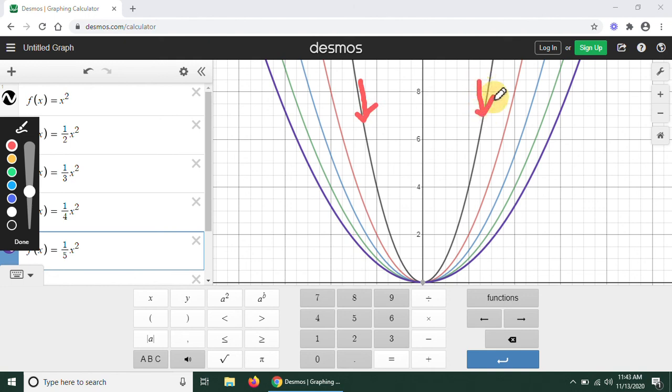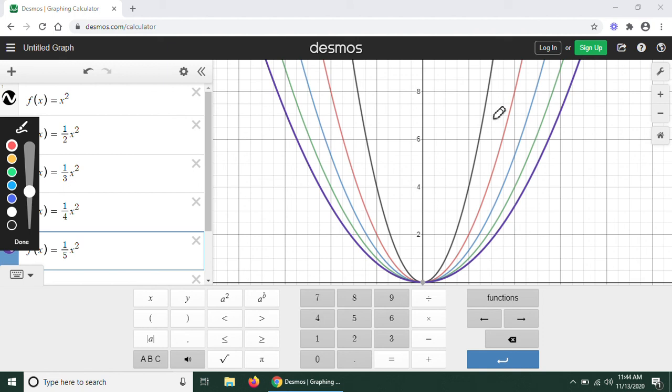These are moving in a vertical direction. So our change is taking place in a vertical direction, and that's the reason the change is called a vertical compression.